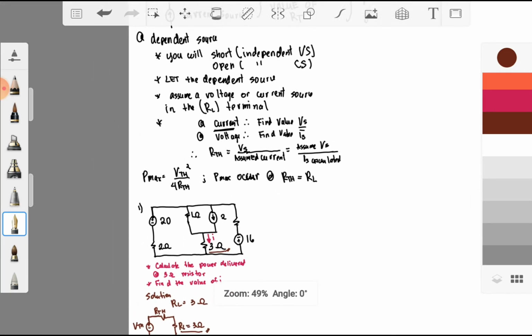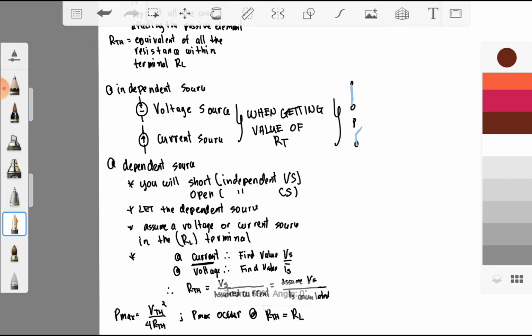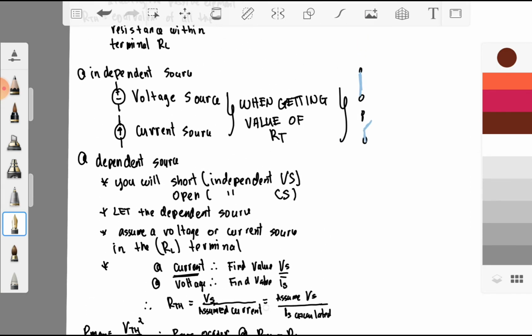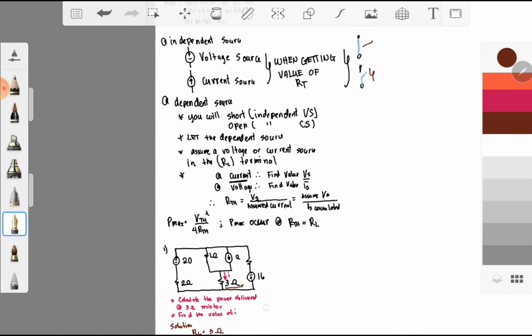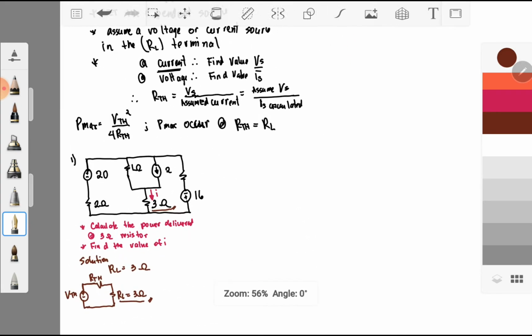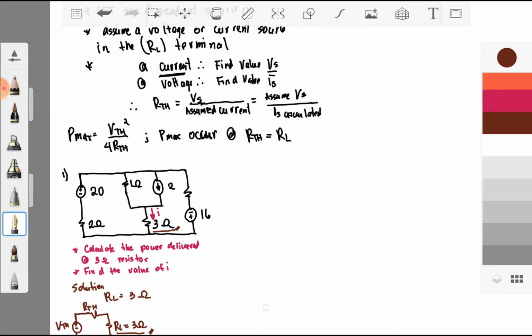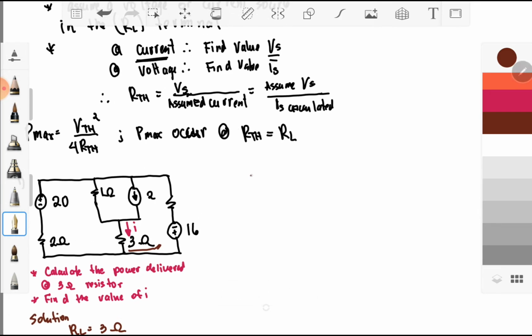So go back to our rules that in the independent source, your voltage source will act as shorted and your current source will act as open. Okay? So therefore, solving for RTH. Actually, when you are solving for RTH, there are two parts.